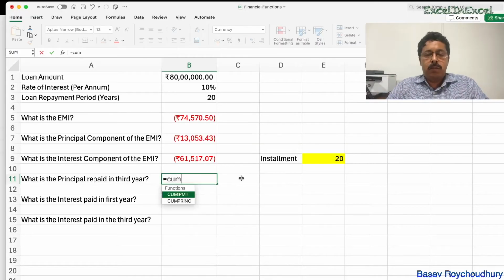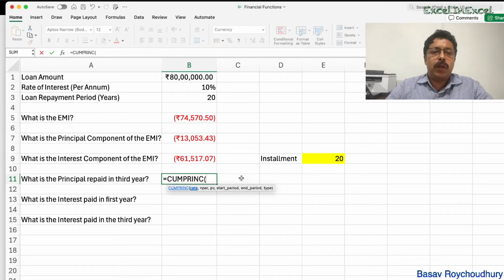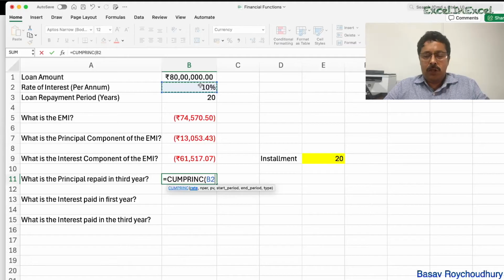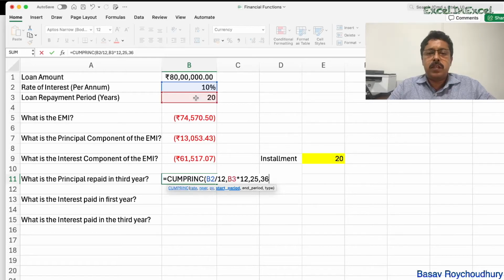So CUMPRINC, cumulative principal, that's what we are looking at. The rate, like all the time, we know what's the rate, we'll divide it by 12. N per, again 20 years multiplied by 12. But now it asks me the start period. Since we are looking at the third year, the start period will be starting from the 25th EMI and end with the 36th EMI.